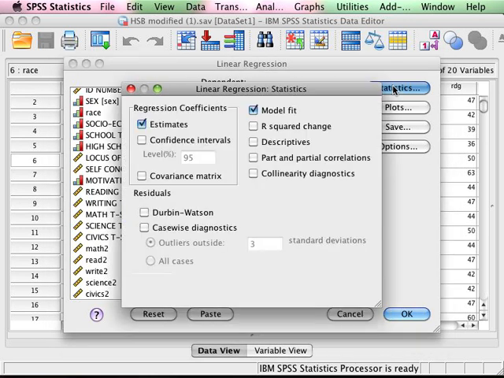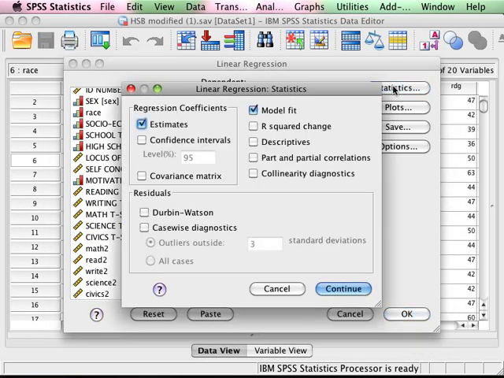Now, if you click on Statistics, we have a lot of options that we really don't care about now, but when we do multiple regression, we will. Most importantly, the part and partial correlations, and I want you to click that now, just so we have something to compare it to when we go on. We're not going to worry about collinearity or R-squared change. But we can throw in descriptives as well. What the heck?